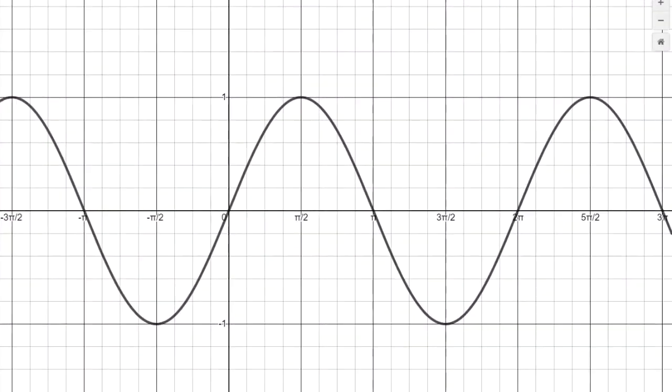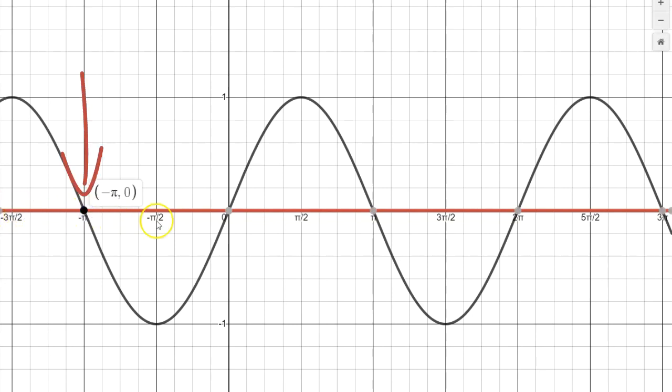So we saw that the sine of x can be approximated with the constant function f of x or y equals 0. I know that sounds a little bit crazy, but I want to show you here on Desmos that that actually is true. In red here you see the constant function y equals 0.